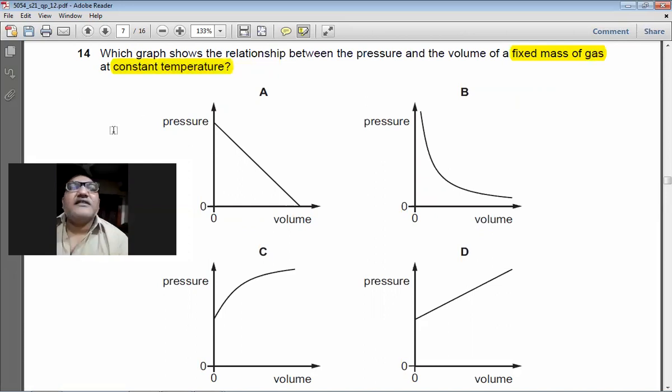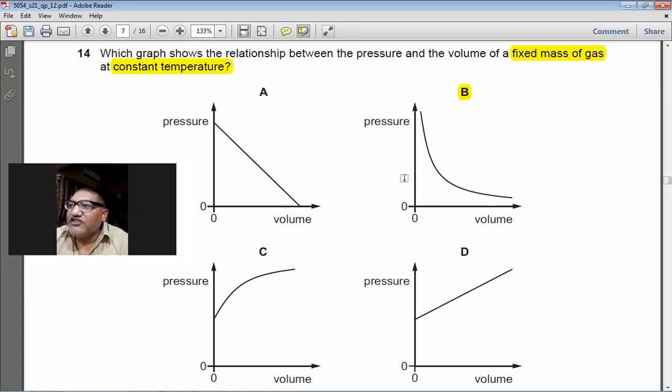You know, when the mass is fixed and the temperature is constant, the pressure and the volume are inversely proportional to each other. And in your mathematics, you must have studied chapter number 2 of the D2. There you might have learned that if two quantities are inversely proportional to each other, the graph is this B. Don't forget this diagram.